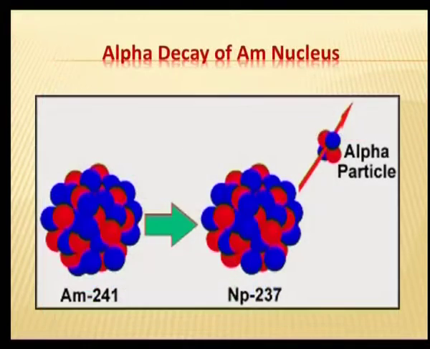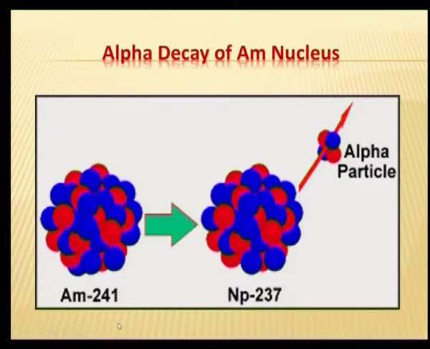And the same thing you see in the americium nucleus with a mass number 241, it emits an alpha particle and the resultant nucleus is neptunium.